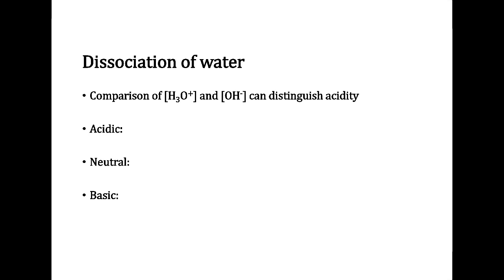Let's look at an acidic solution first, with a general reaction for an acid. We'd have our acid plus our water. We know that acids donate protons and bases accept protons.